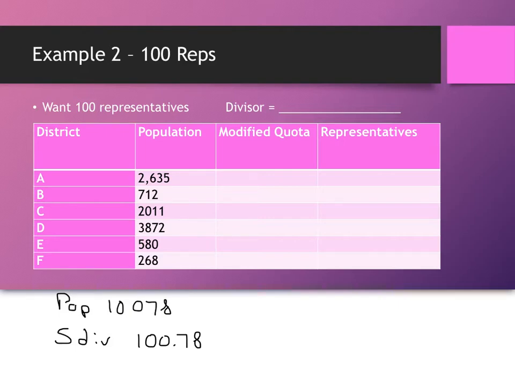So maybe we try, for instance, having the divisor be 95. Imagine that the divisor is 95. Take all those populations, divide them all by 95, see what we get for representatives. Push pause on the video and then we'll come back and do that.